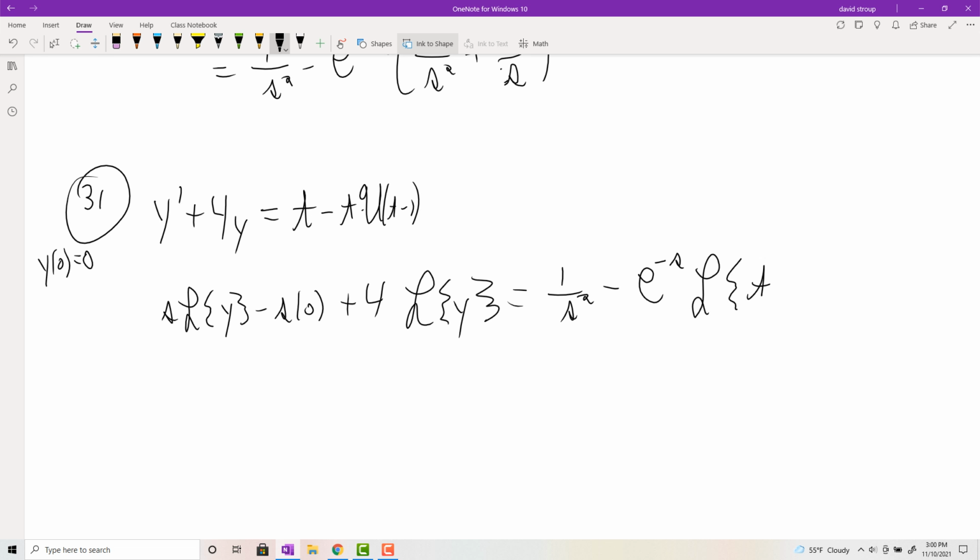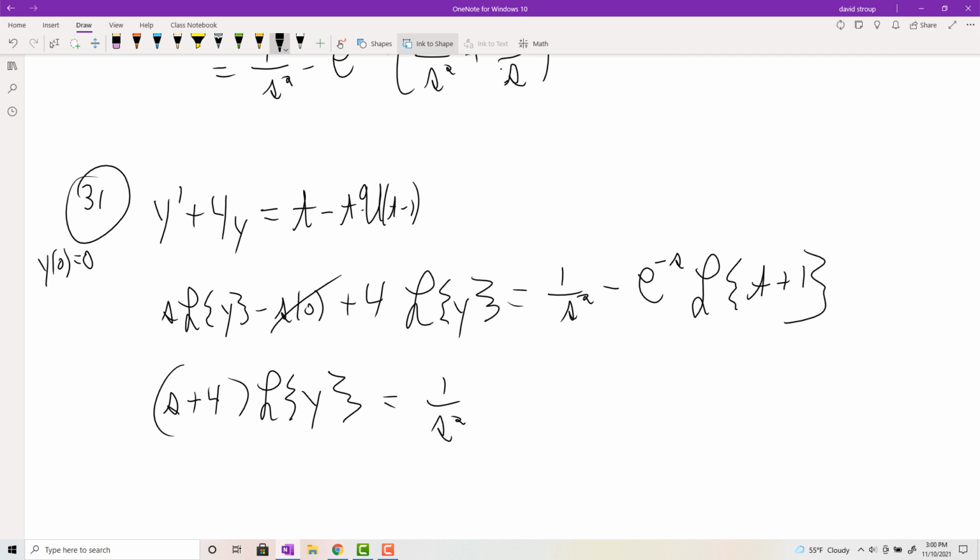Instead of minus 1, it goes plus 1. So you have collecting the s stuff together and factoring out the Laplace of y of s plus 4 Laplace of y, this part is 0, equals 1 all over s squared minus e to the negative s times 1 all over s squared plus 1 all over s.